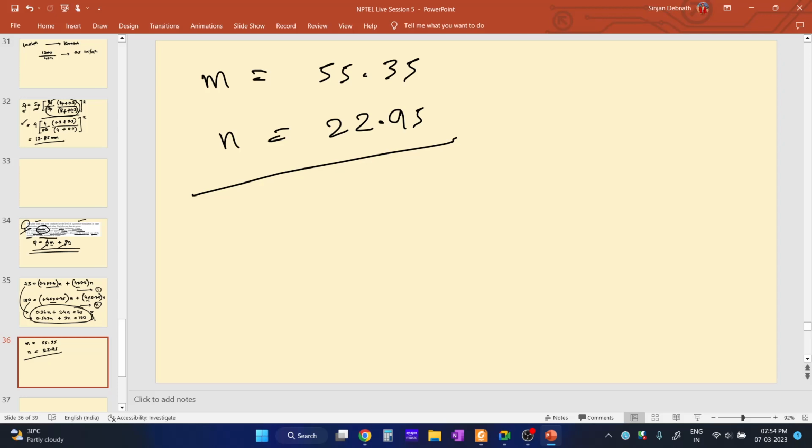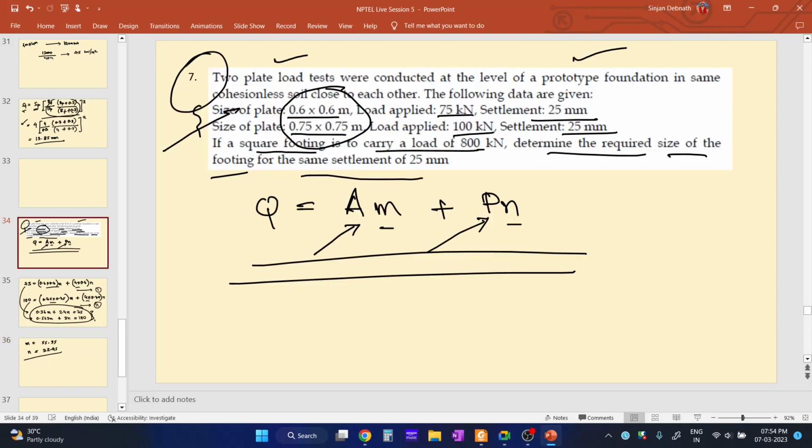Now we have been asked to find the required size of a square footing, that is the breadth of a square footing, to carry a load of 800 kilonewton for the same settlement of 25 millimeter.